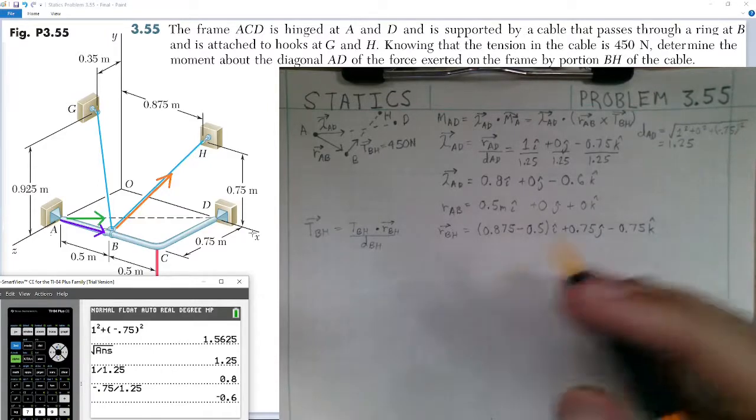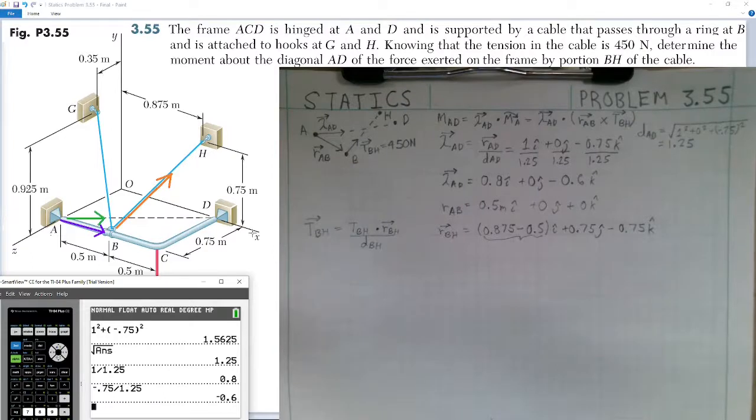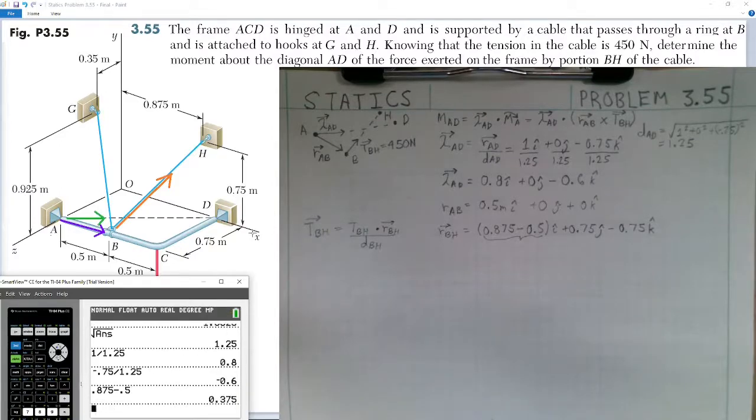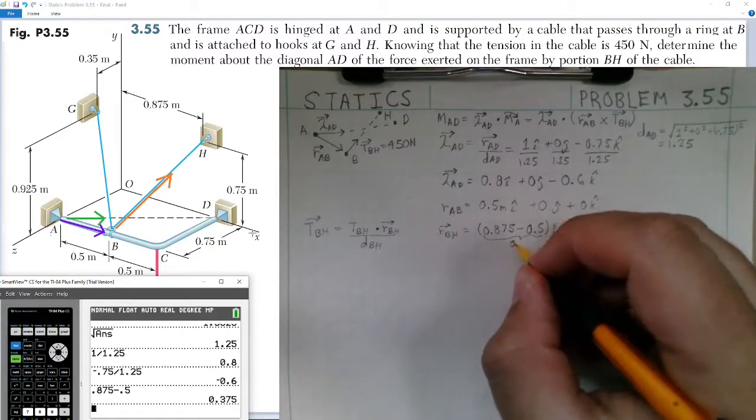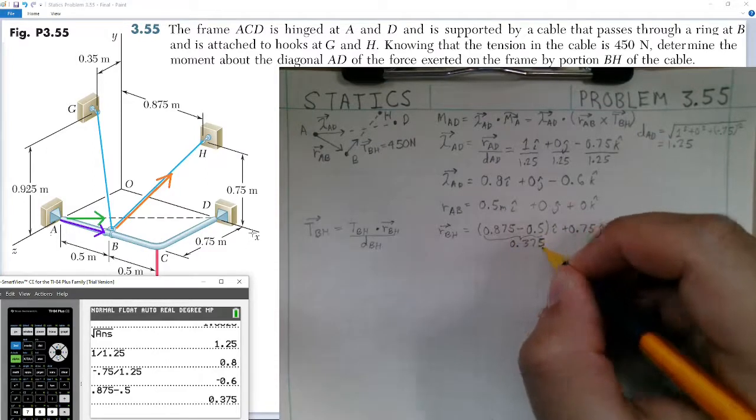So to condense this, for i hat we have 0.875 minus 0.5, which gives us 0.375 in the i hat direction.